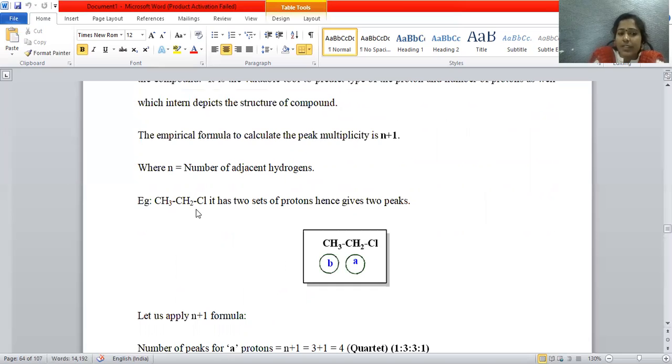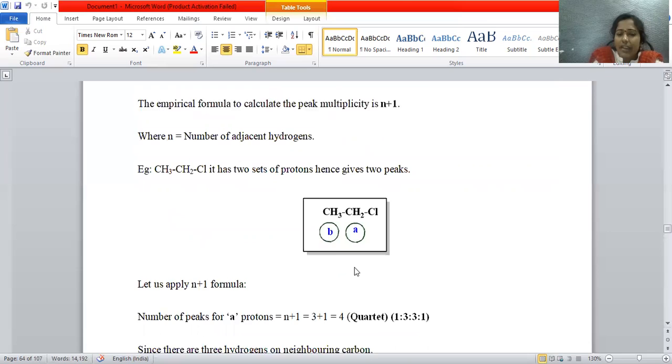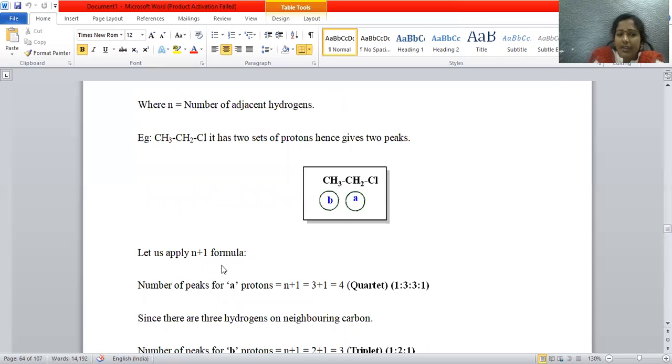Let us explain the concept of spin-spin coupling by using ethyl chloride. Ethyl chloride has two sets of protons, set A and set B. So let us apply the formula n+1 to the two sets of protons.